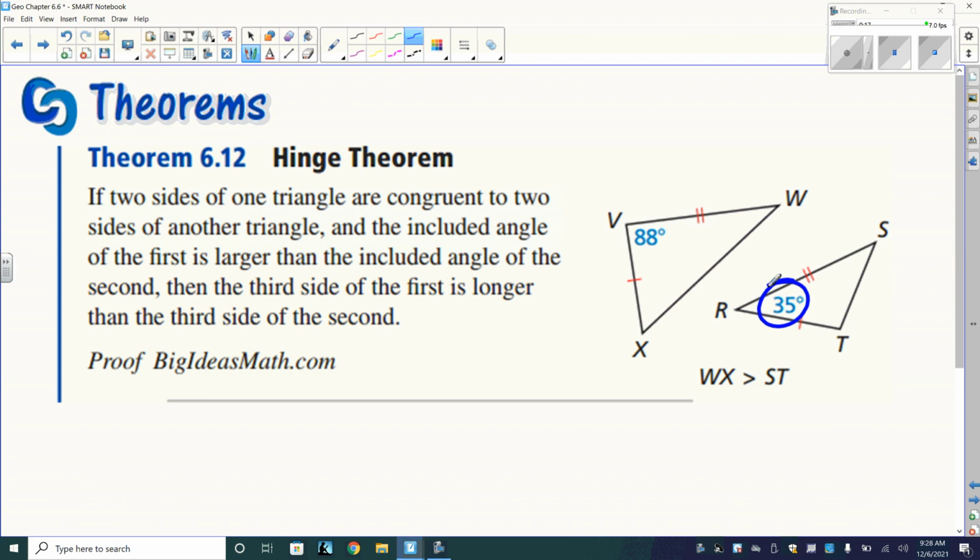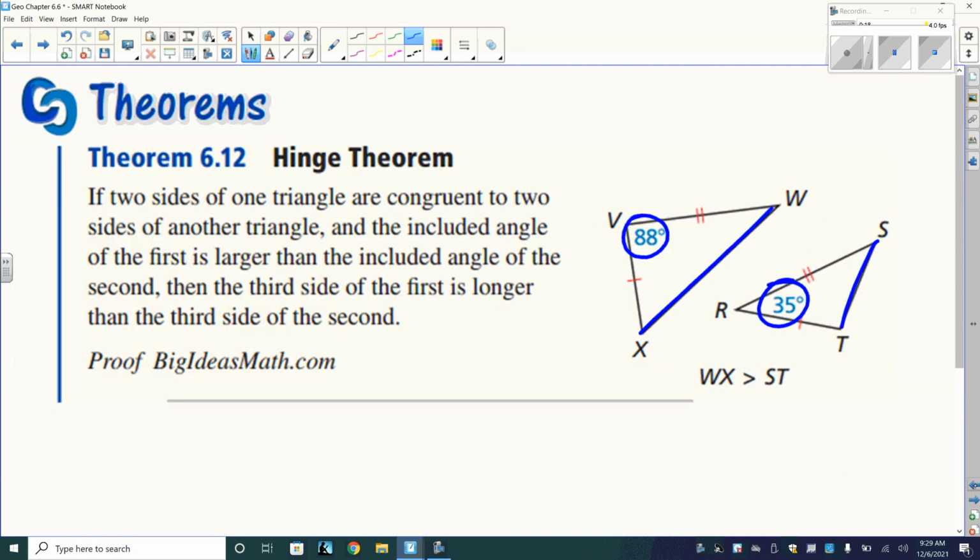So here, since this angle, 88, is bigger than 35, then WX is going to be what? Bigger than ST. If we have two congruent sides and an angle in the middle, the bigger angle is going to be opposite the bigger side. The smaller angle is going to be opposite the smaller side.